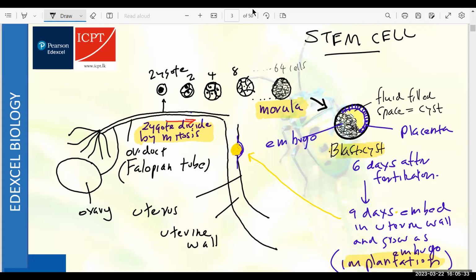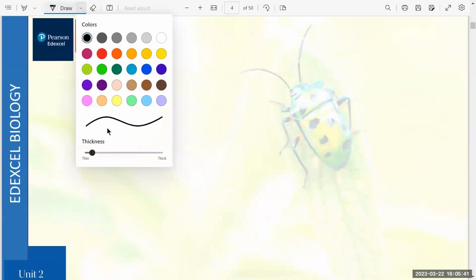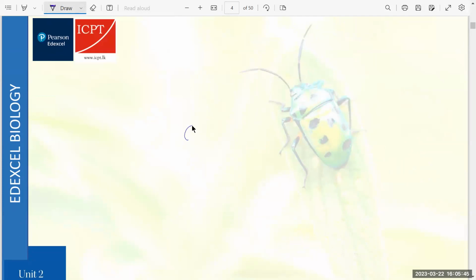Right. Now, if we take cells of the embryo, so this is the cells of the embryo, and for learning purpose, just try to draw a few cells.